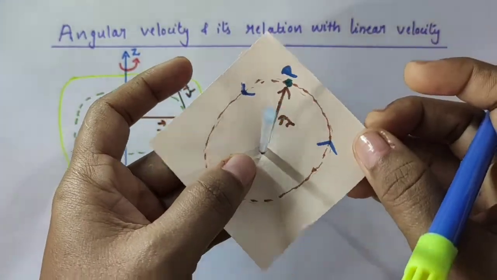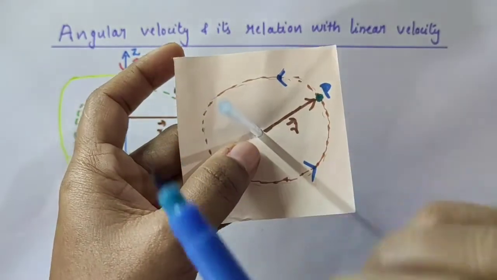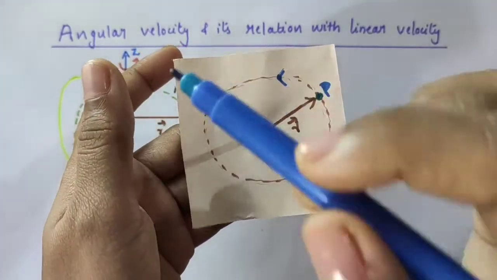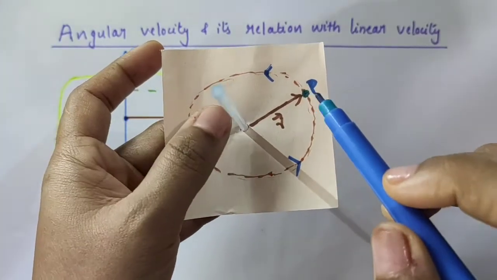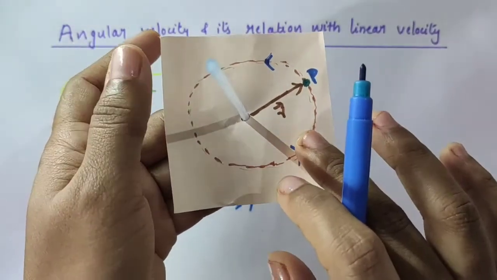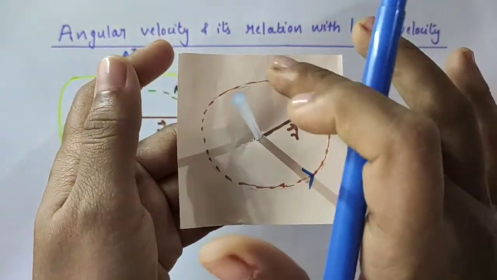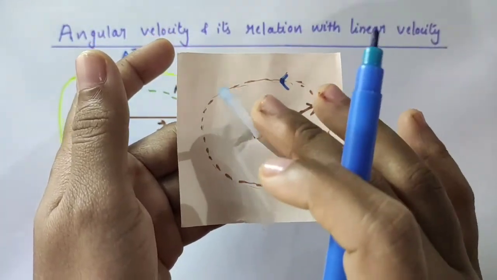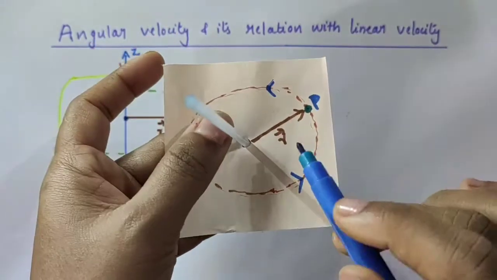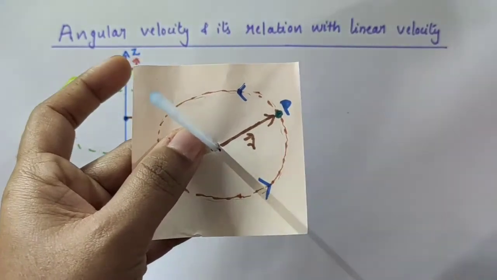This rigid body is rotating about the Z axis. The particle describes a circular path, and that circle lies in this plane, and this plane is perpendicular to this axis of rotation. The center of the circle would be somewhere here, that is on the axis.